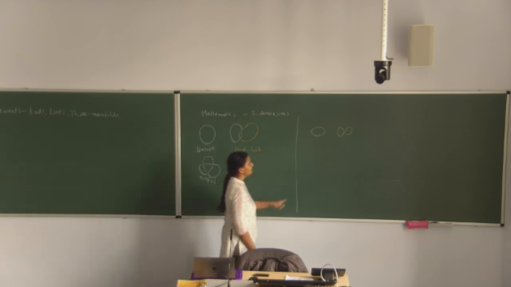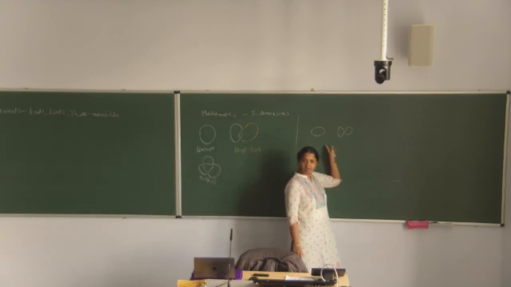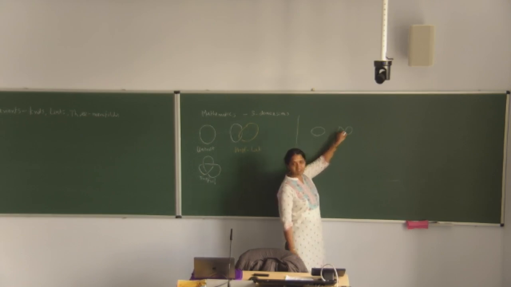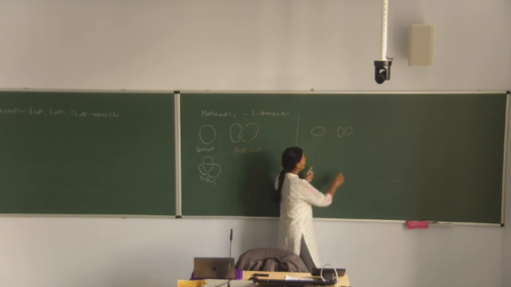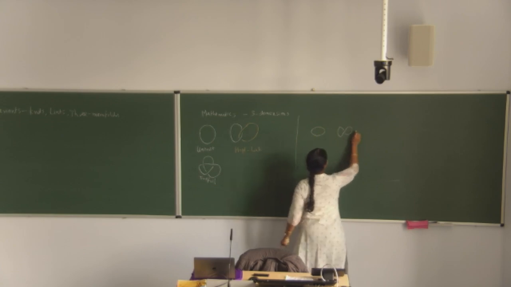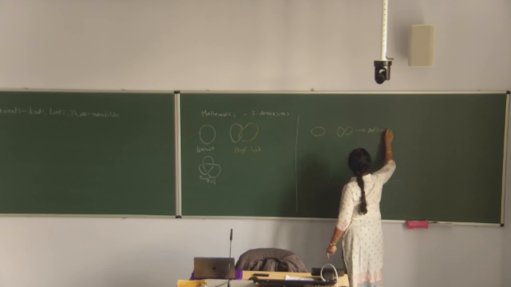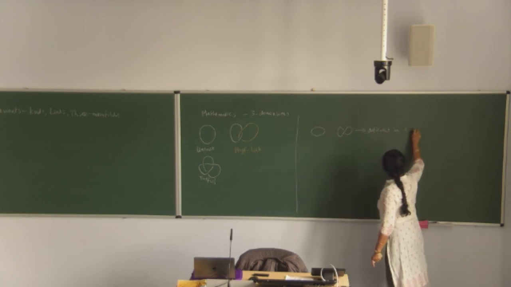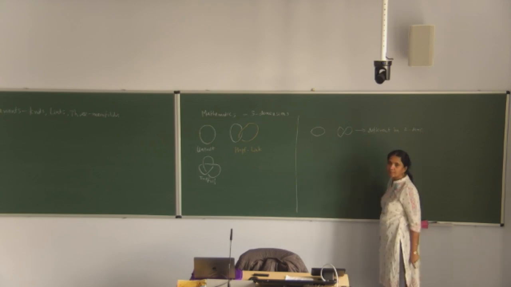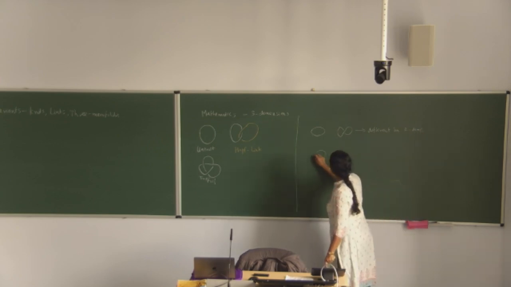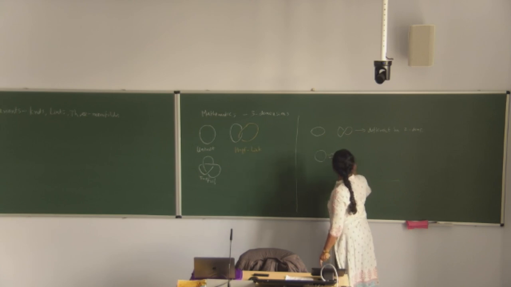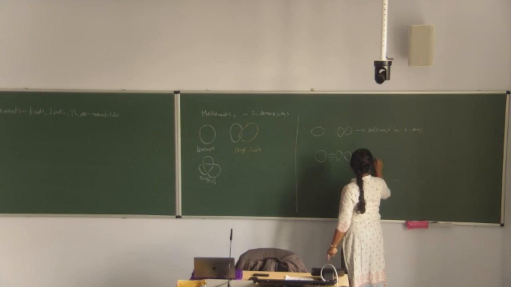But if I say I am in 3 dimensions, I can use the 3rd dimension to pull it out and make it equivalent. Okay? So these are different in 2 dimensions, but you can make them equivalent in 3 dimensions. Okay?